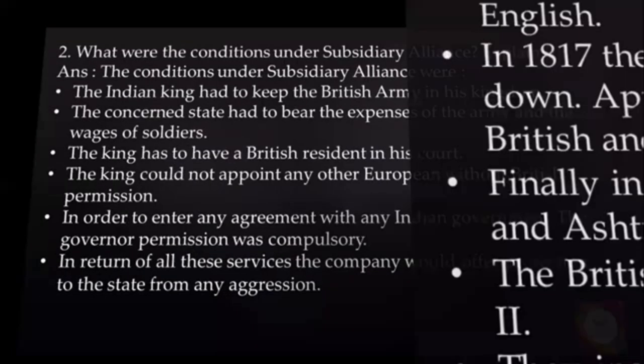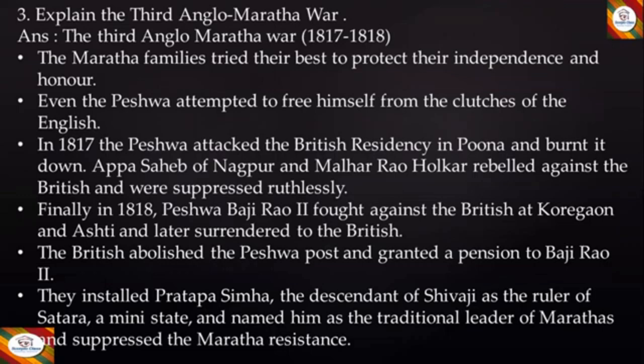Next question. Explain the Third Anglo-Maratha War. Answer. The Third Anglo-Maratha War was fought between 1817 to 1818. The Maratha families tried their best to protect their independence and honor. Even the Peshwa attempted to free himself from the clutches of the English.